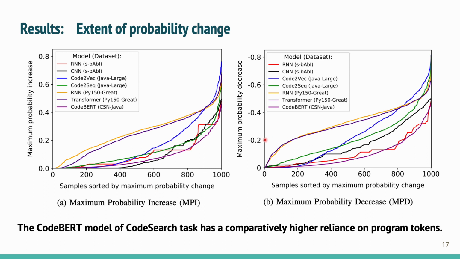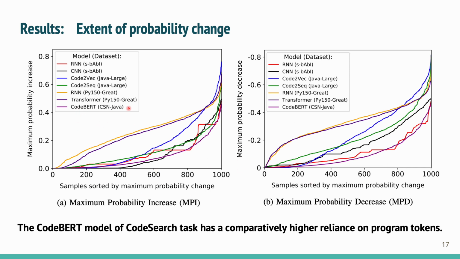According to this figure, we can observe that the RNN and transformer models of the variable misuse task have the highest values for maximum probability increase and maximum probability decrease compared to the other models in our experiment.